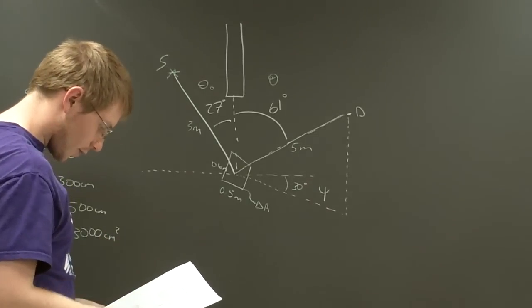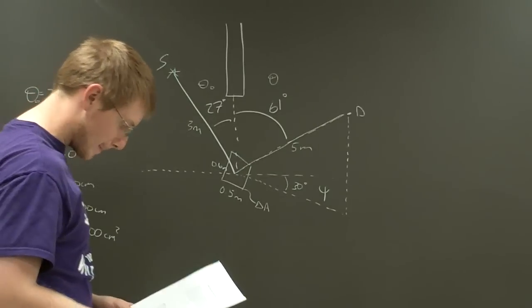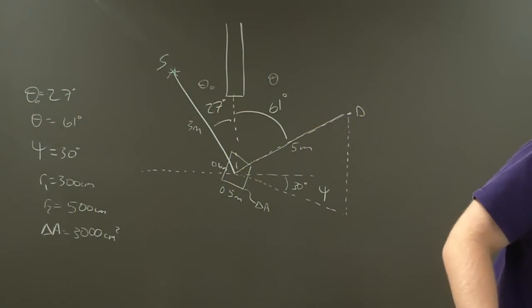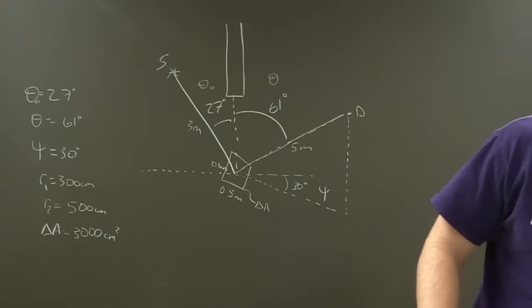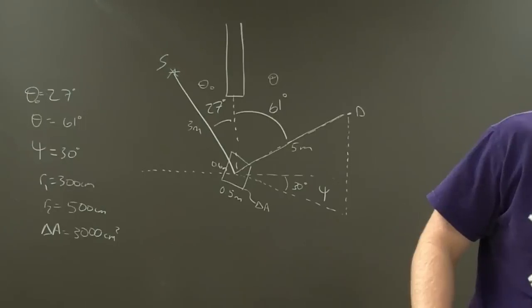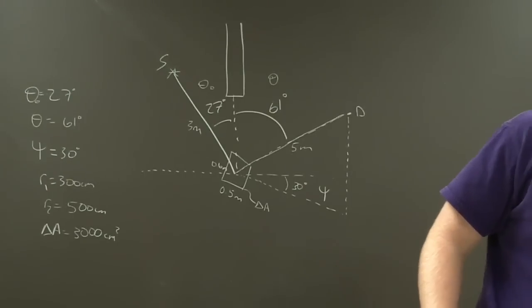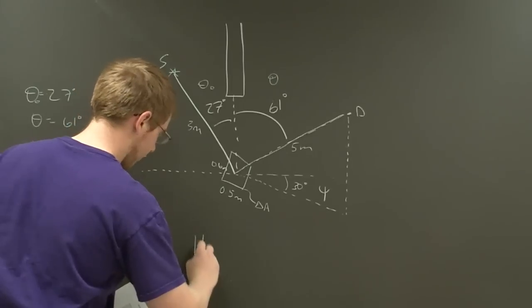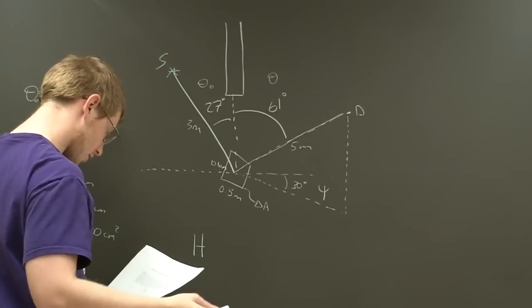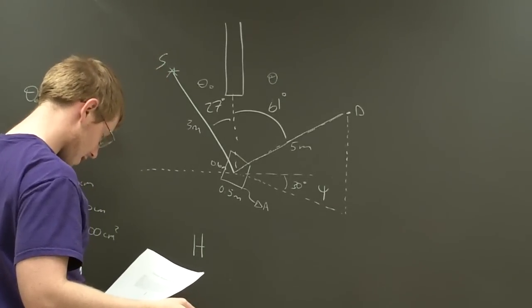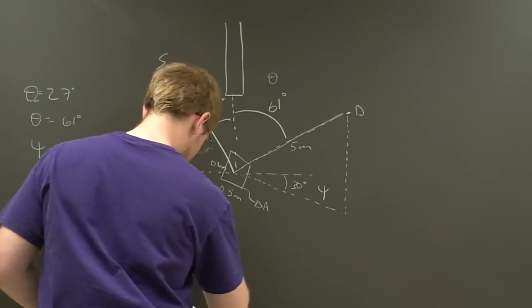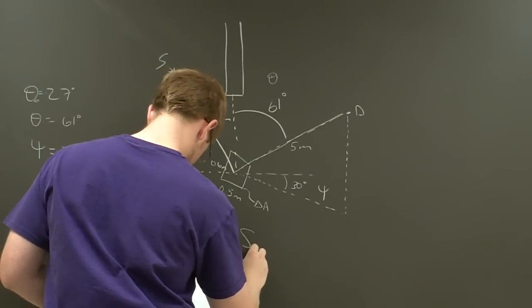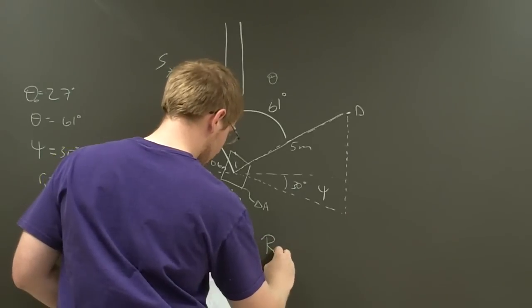So the reflected dose rate is given by equation 7.39. This isn't the exact equation that's in the book. So there's some other stuff going on here, but this is what we're doing: the ambient dose equivalent, ambient dose rate. So we have a source, point source, the response function.